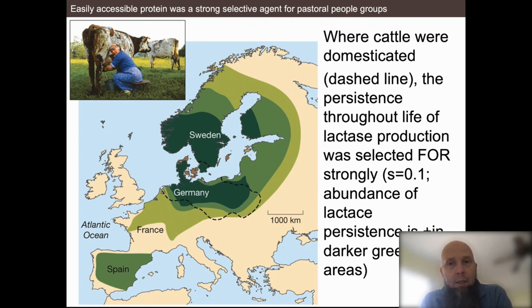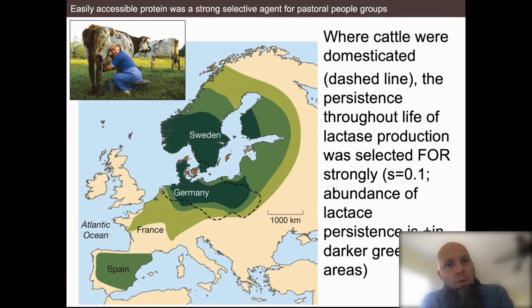In that area, because people were domesticating cattle and raising them for milk and dairy products, selection acted quite strongly, with 10% strength of selection, on favoring the persistence of alleles that allow humans to continue to digest dairy products, or break down lactase.